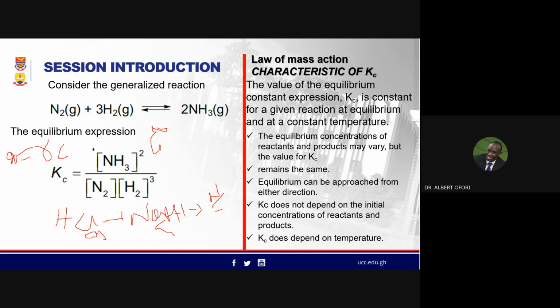In that case, if there's no activity going on, the concentration is a unit. And so when we are writing the equilibrium constant expression, we don't include it, because if you include that, the concentration will just be 1. So we don't include pure solids and pure liquids. Is that okay?